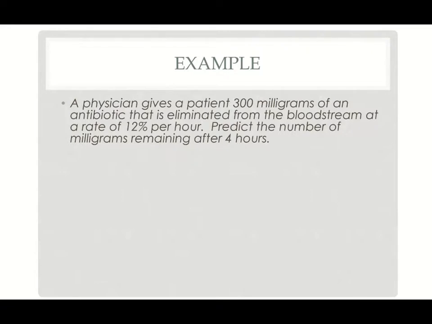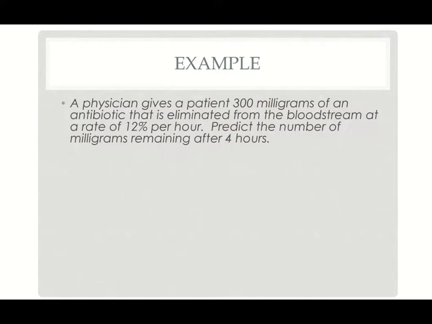All right, so you would get the equation of y equals 300 times 0.88 raised to the t, and in this case t is 4 hours. So when I plug that into my calculator, I get 179.9 milligrams.